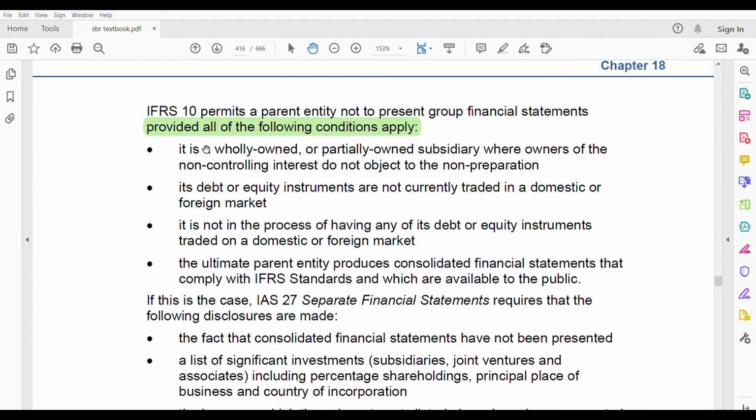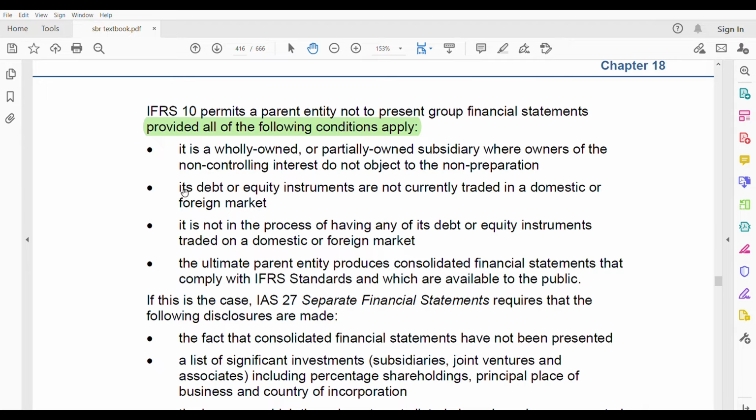Number one, it is a wholly owned or partially owned subsidiary, where owners of the NCI do not object to the non-preparation. You are owning either 100% or more than 50% but not 100%, and the owners of the NCI do not object to non-preparation. Even if you are not preparing it, they are okay with it. So in that condition, even if you don't make it, it's fine.